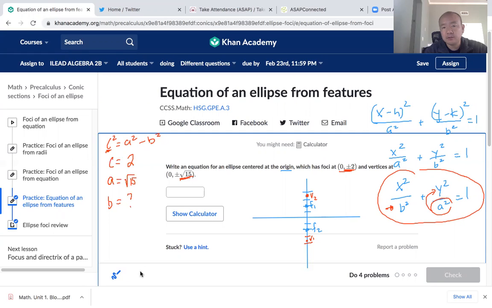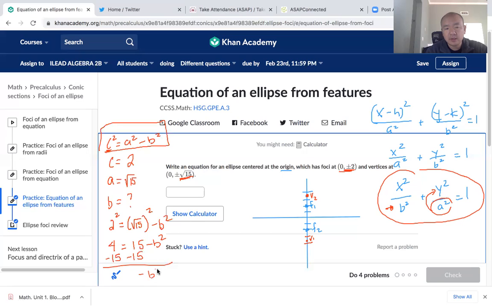So we're going to work backwards using this formula to find what the b is. This is 2 squared is equal to radical 15 squared minus b squared. This is 4 equals 15 minus b squared. You subtract the 15 from both sides, and so negative b squared is equal to negative 11.